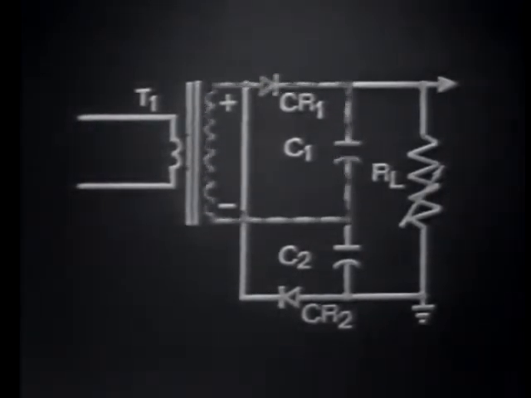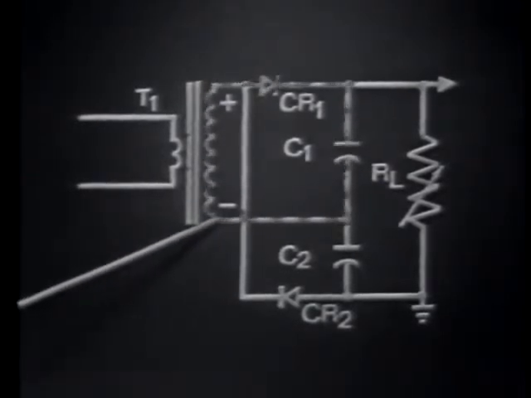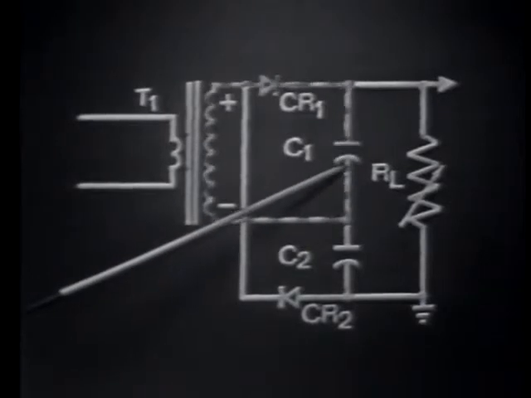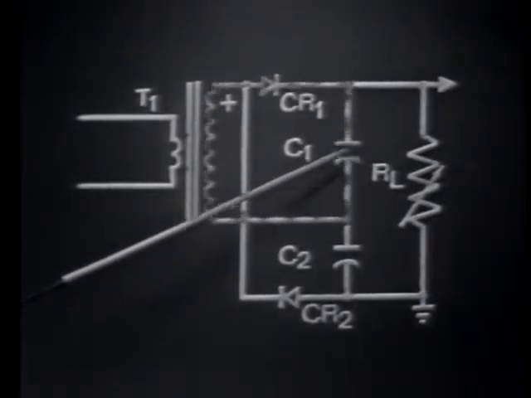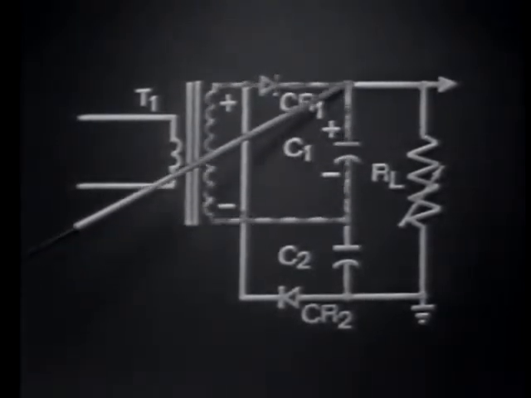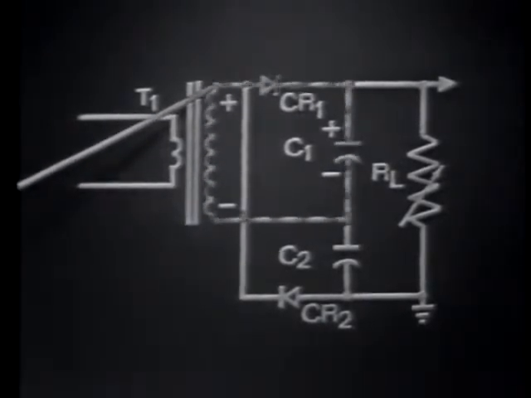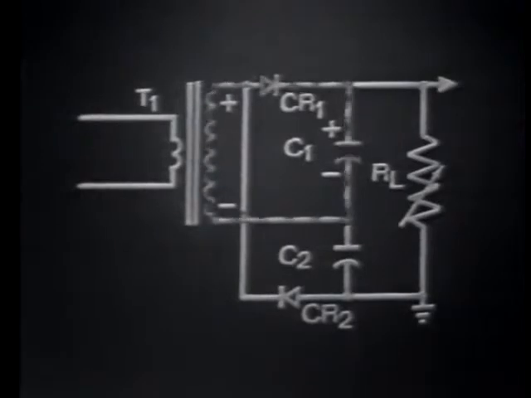Its conduction path is from the negative side of the transformer secondary across up through C1, charging C1 negative to positive, then through the conducting diode CR1 back to the positive side of the transformer secondary. During conduction time, CR1 is effectively a short.